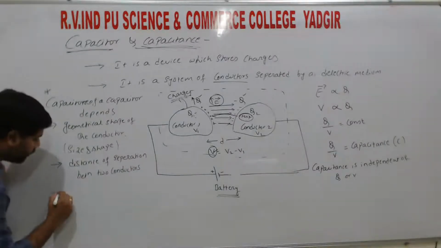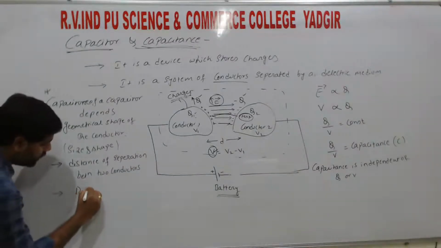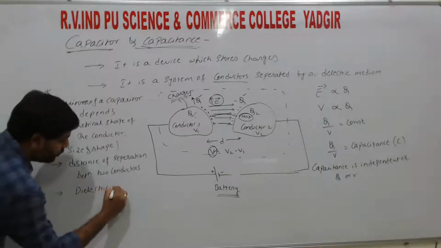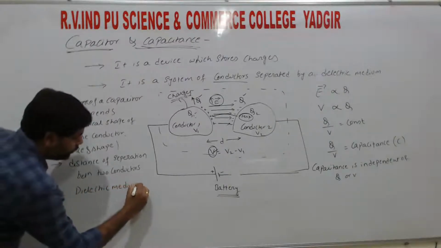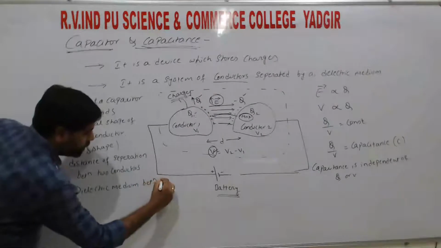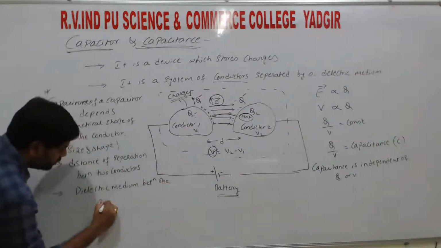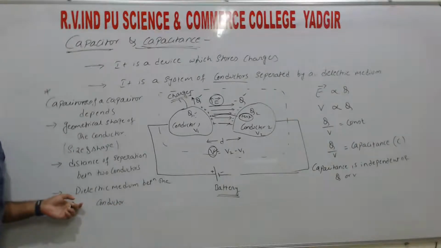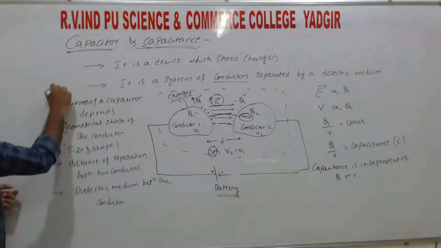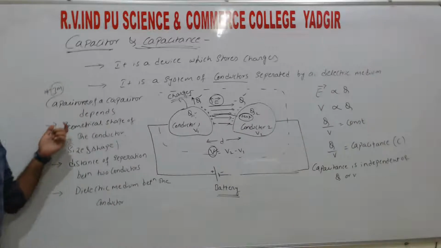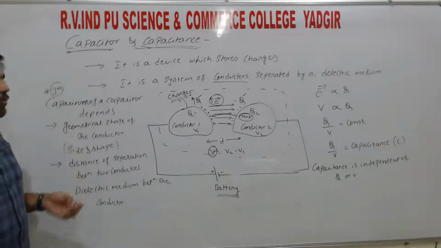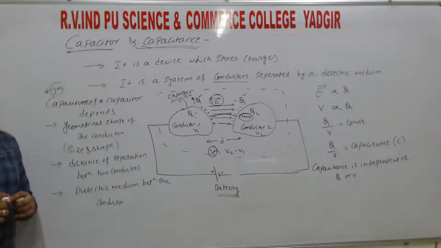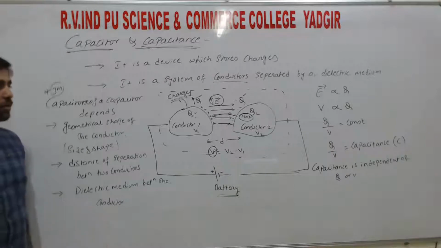And the third point is the dielectric medium between the conductors. The dielectric medium is nothing but the insulating medium. So very important for 3 marks or 2 marks. Several times they ask on what factors the capacitance of a capacitor depends, right?